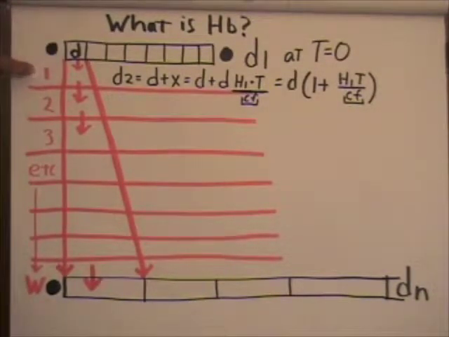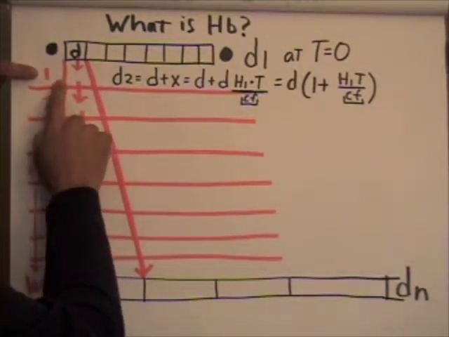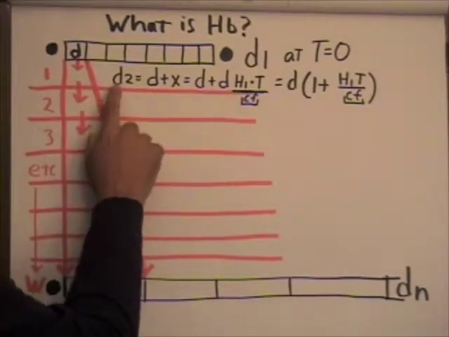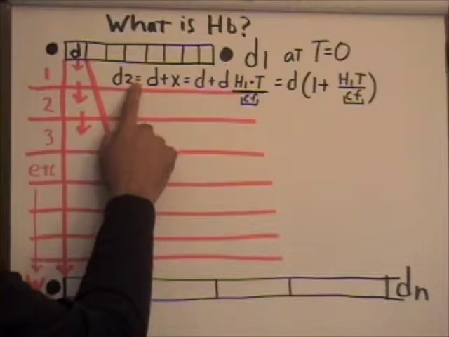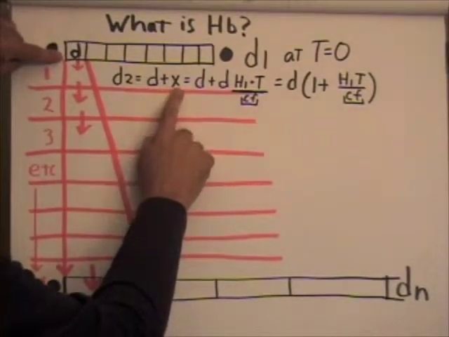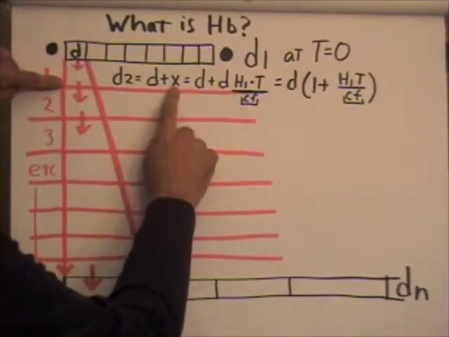So, in the first segment of time, the length that results from the expansion of space, which I'll just call d2, equals this initial length, d, plus whatever the expansion was.